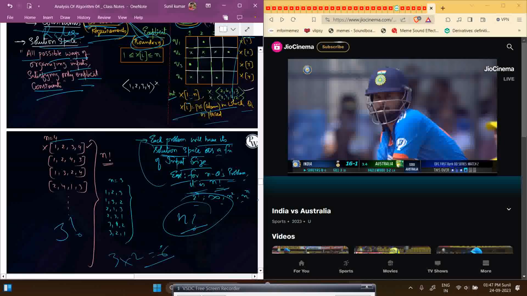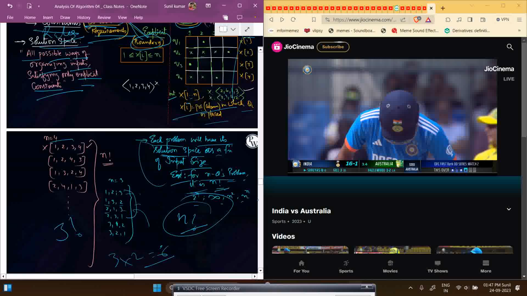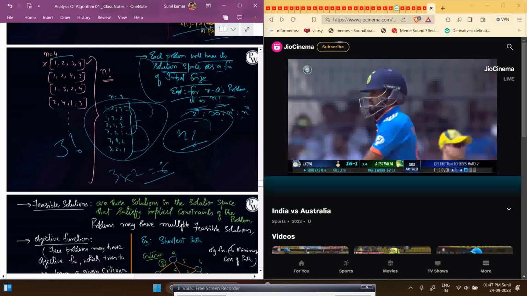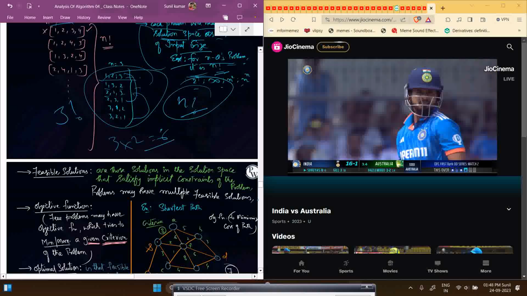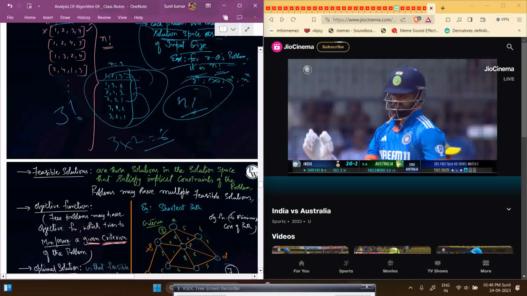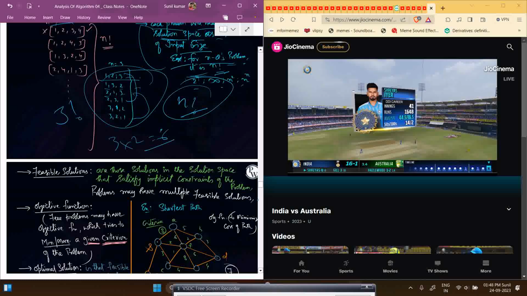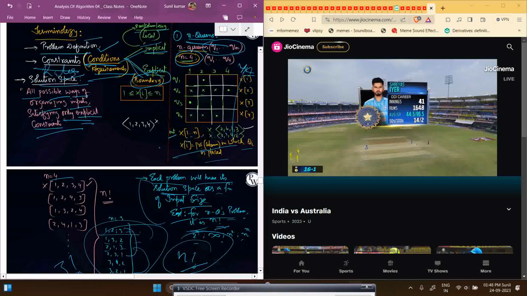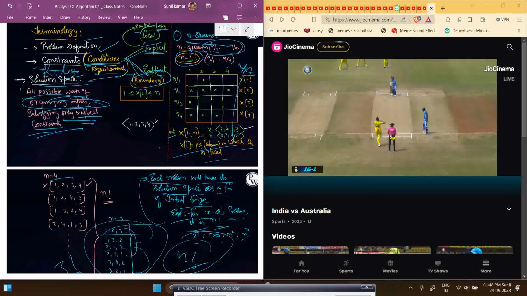The possible sequences are 1, 2, 3; 1, 3, 2; 3, 2, 1; and so on. These are the possible ways of organizing the input sequences. The solution space is only about explicit constraints, organizing inputs only.